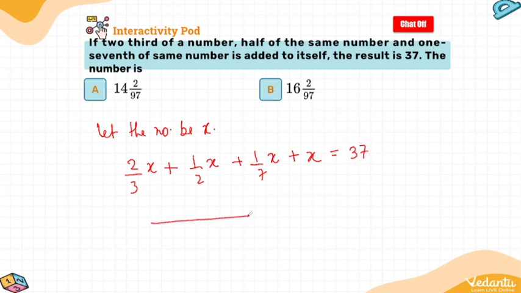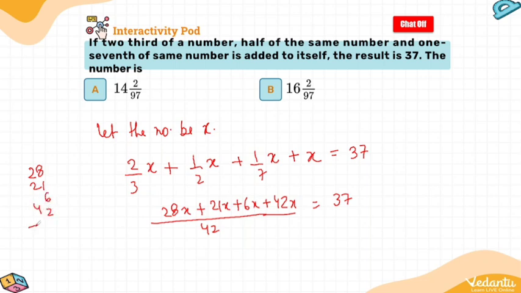So if we take the LCM, 3 to 6, 6 7 is 42, 3 1s are 3, 14 2s are 28, x plus 21x plus 7 6 are 42, 42x equal to 37. So here we add it up, 28, 21, 6 and 42.